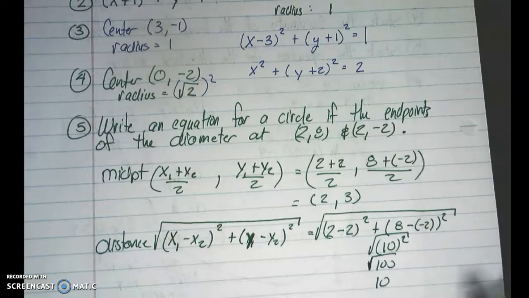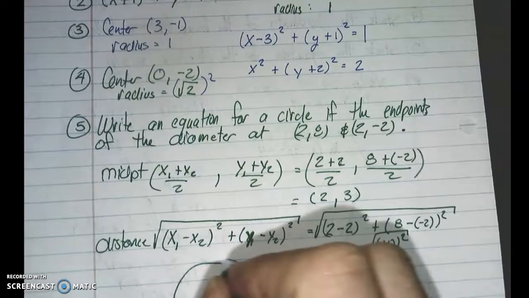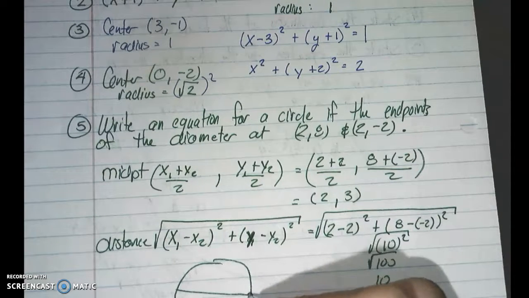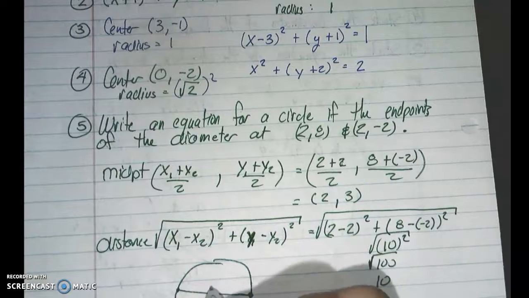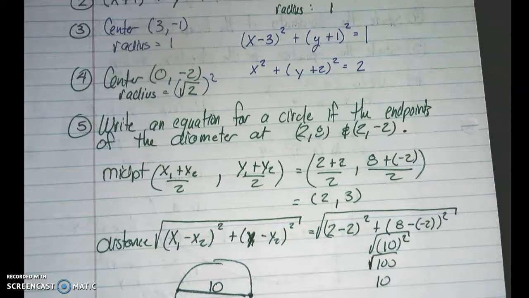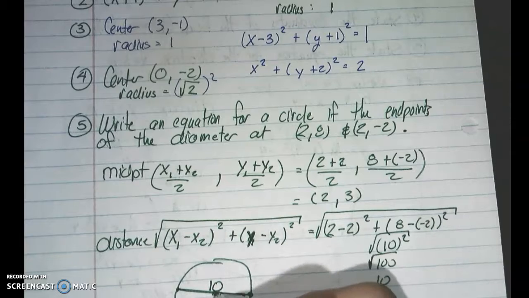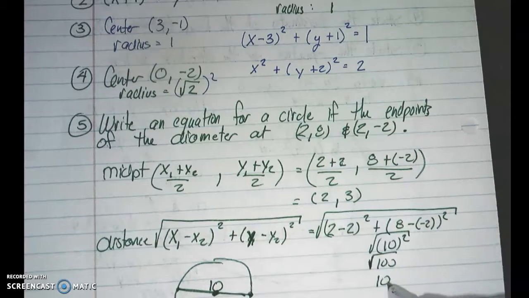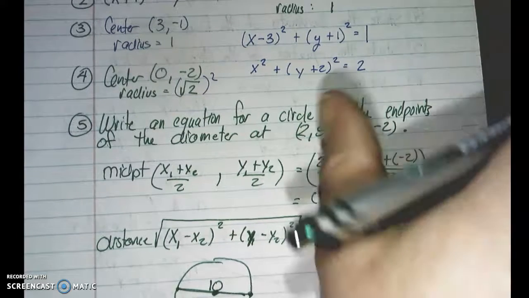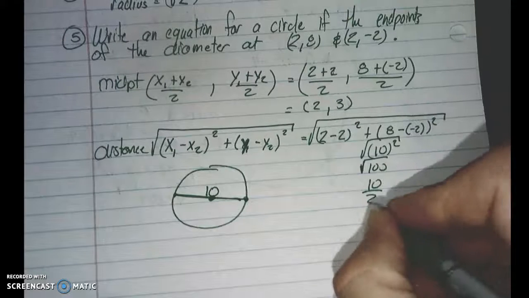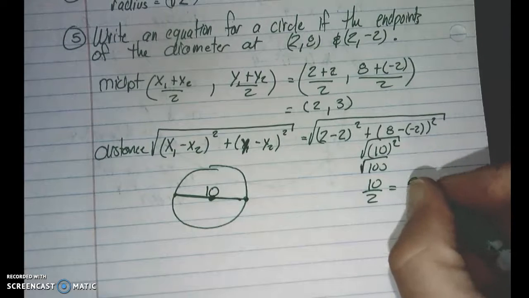Okay, so remember, I'm just going to draw a quick little picture. The diameter is a distance of what? Of 10, right? What am I going to do with this diameter to get the radius? We're going to cut it in half, which is divided by 2, which is 5.